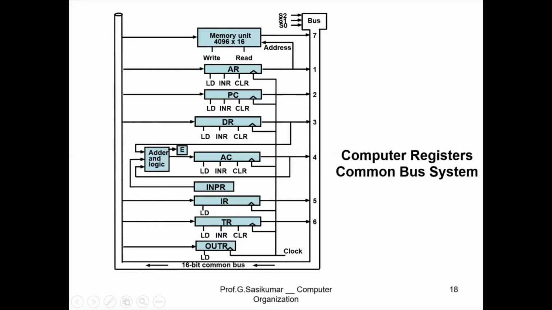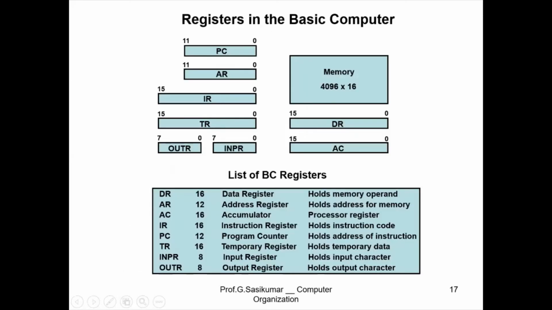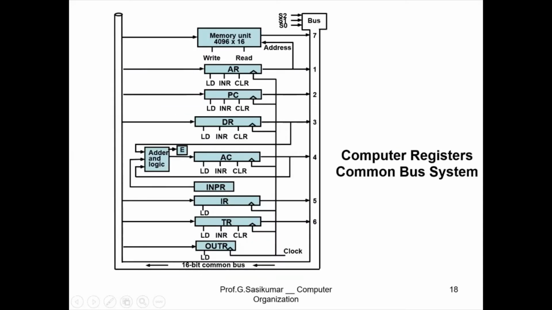This is what we discussed in the video: how in the computer organization, the registers carry the information by using the bus. We have all these registers: PC, AR, IR, TR, input, output. They carry data in a 16-bit common bus from source to destination using the clock bus speed.